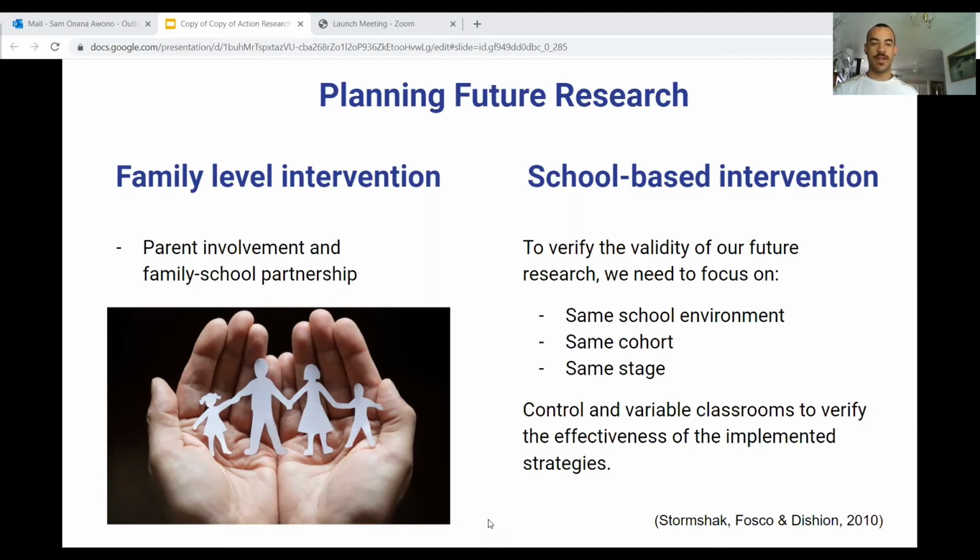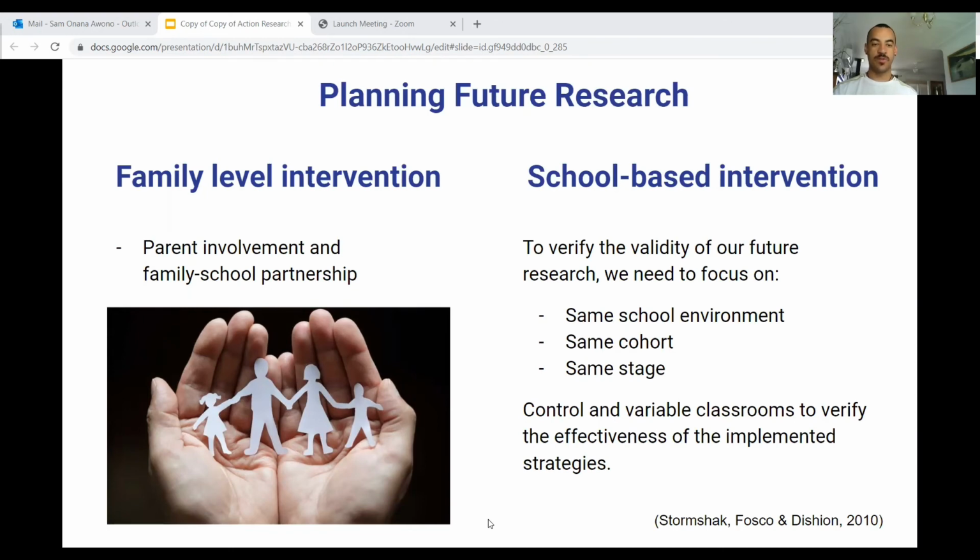However, we believe that in future research, we need to focus on family-level intervention and school-based intervention to obtain more accurate data. For example, in the family-level intervention, we need to support parental involvement through the use of structural intervention components, including school-to-home communication and the promotion of a home environment conducive to student learning.